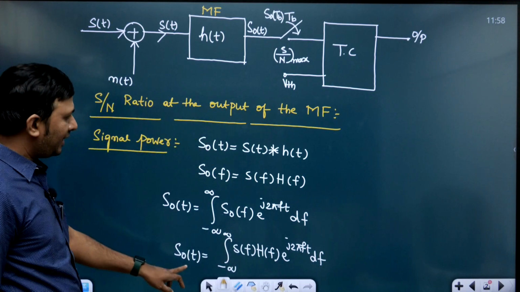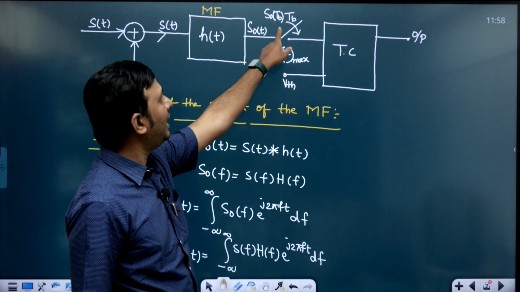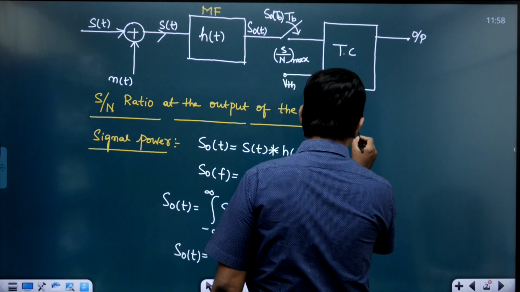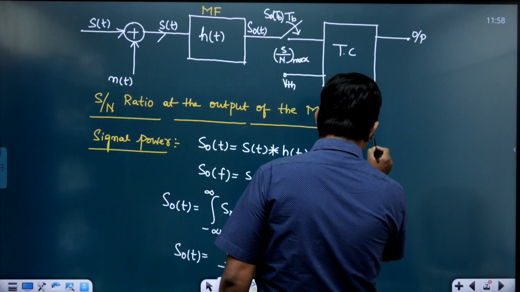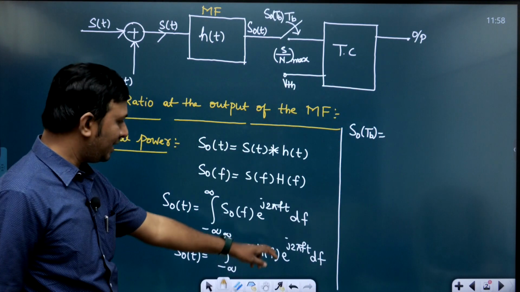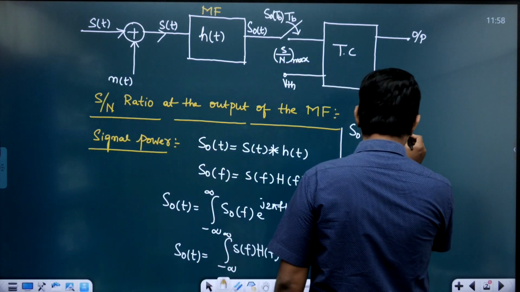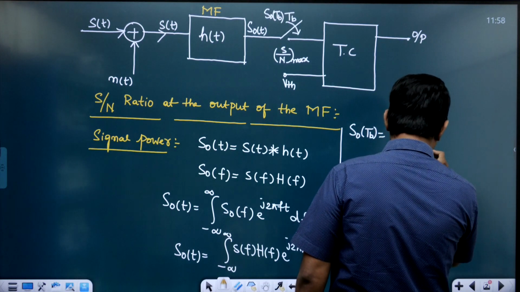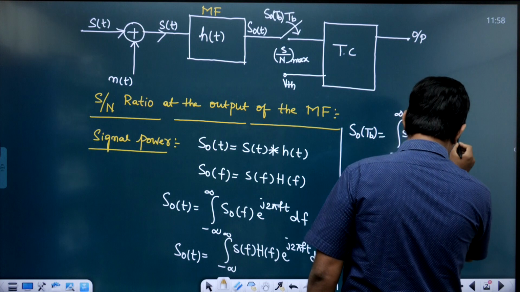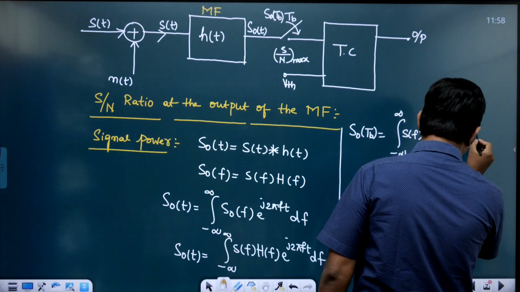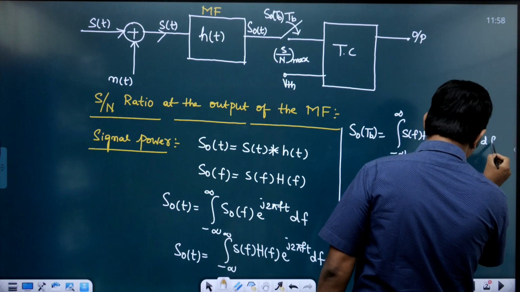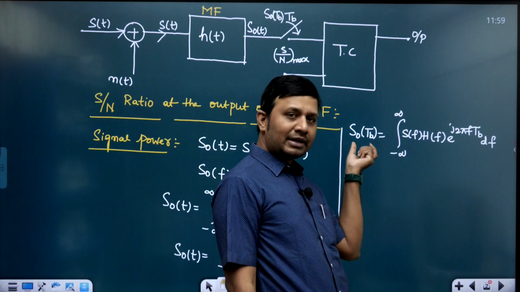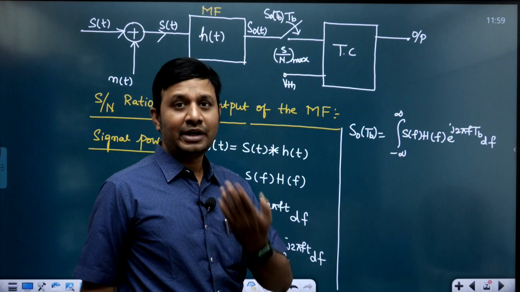Right? Now this S naught of t is sampled at tb, no? So S naught of tb, in the place of t, simply substitute tb. So this becomes integral minus infinity to infinity S of f into h of f into e power j 2 pi f tb df. Right? Now after sampling this S naught of tb is a value, DC value.